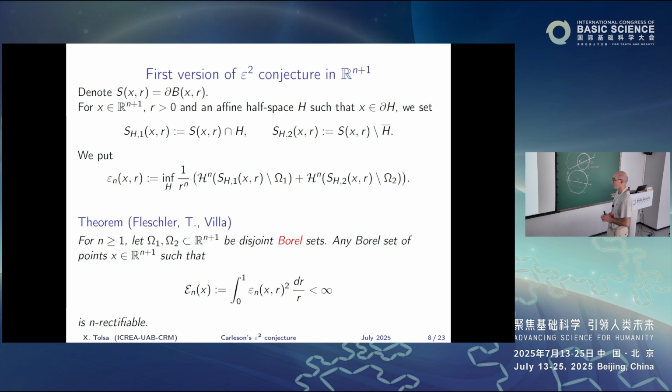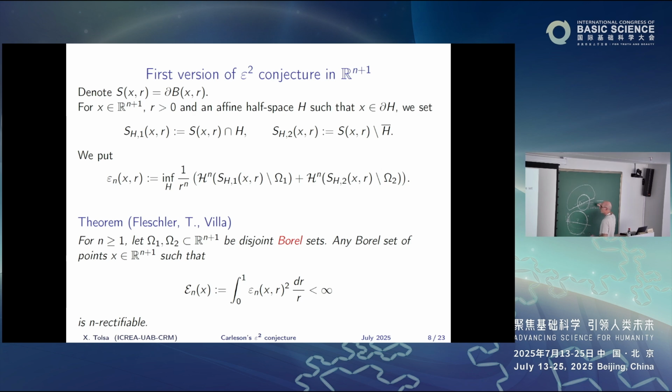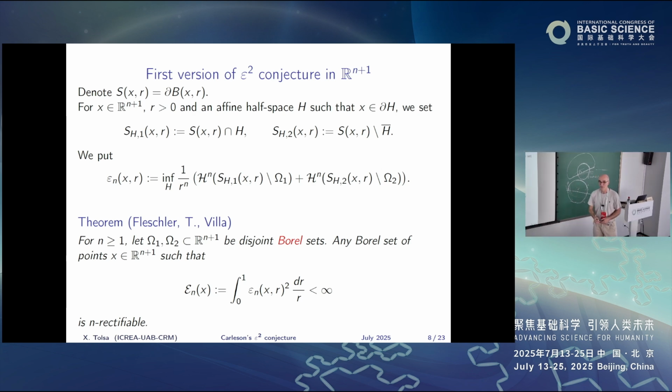We can have sets that are rectifiable, that accumulate somewhere, and where this square function would be infinite. So this looks like a very powerful result because it applies to very general sets, but it's not a double implication.